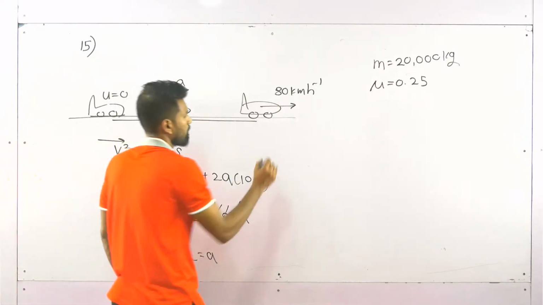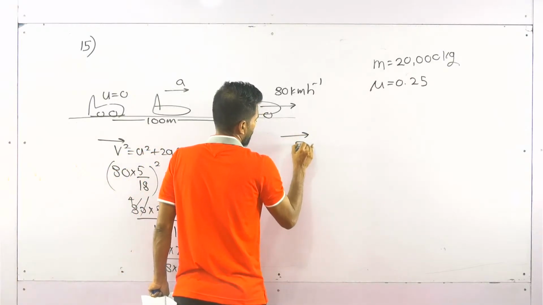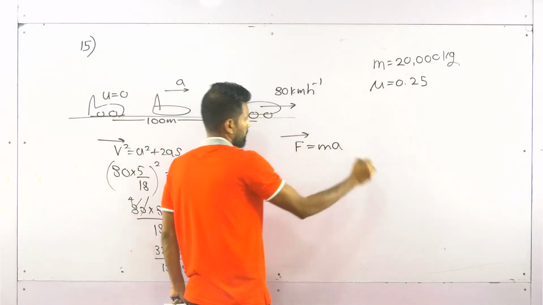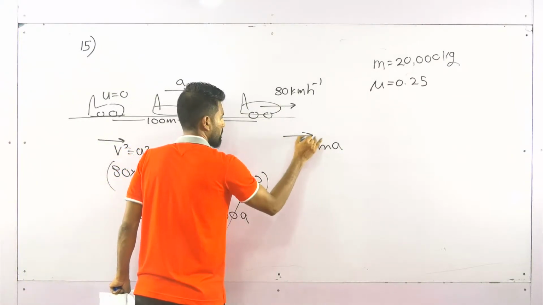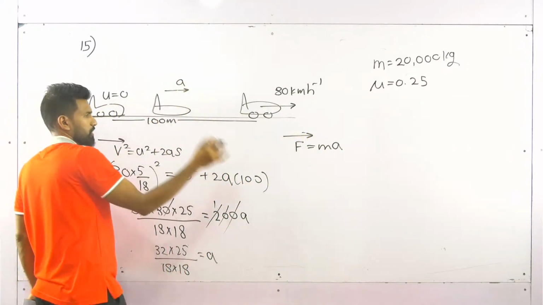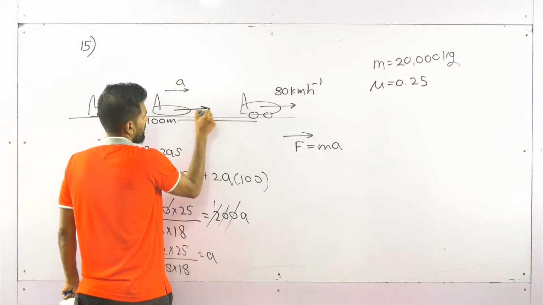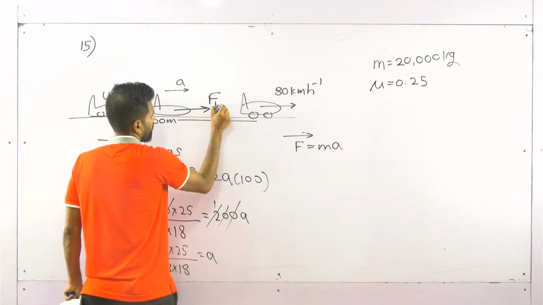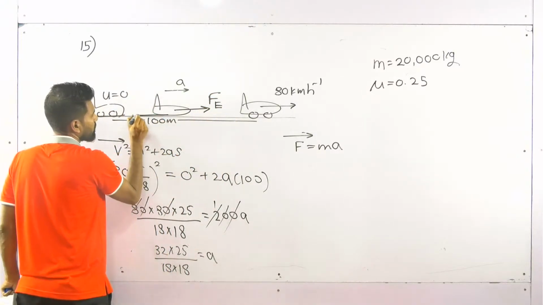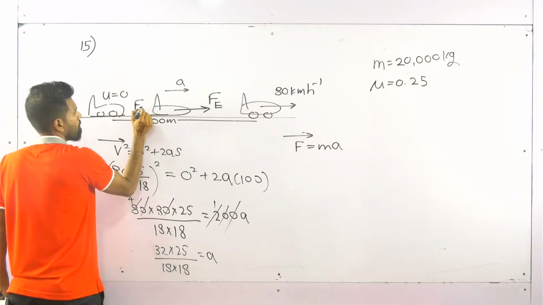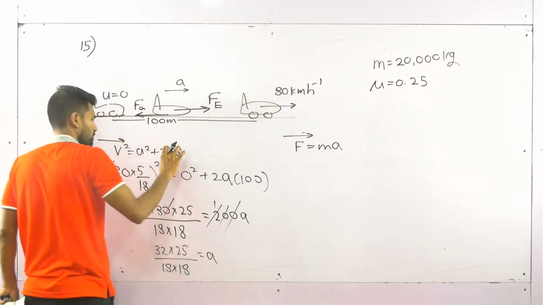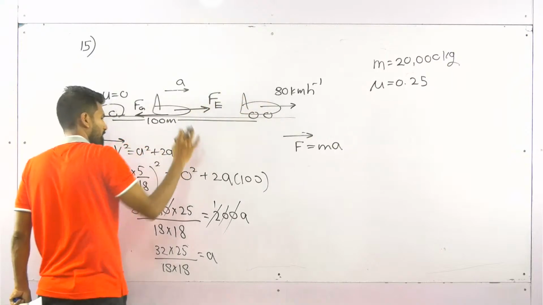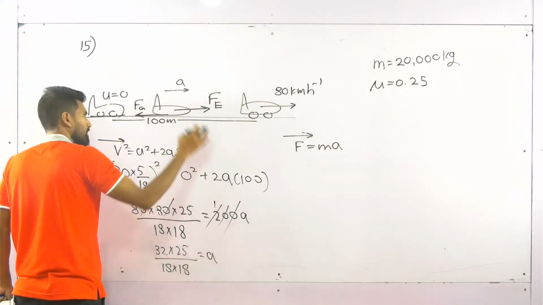Now I am applying F equals ma for the motion. This F is the resultant horizontal force which gains this acceleration. The engine will apply a force Fe and the friction will be in the opposite direction, Fg. From the equations of motion, to gain the velocity within a 100-meter distance, you got the acceleration needed.